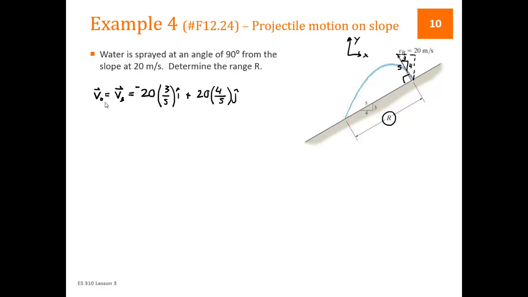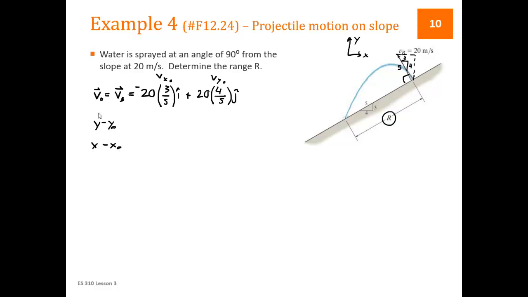Alright, so that is the vector notation of VB. So this is the Vx, and this is Vy, and these are initial velocities.